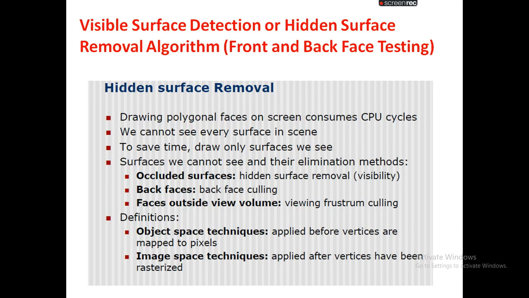We also learned that when more than one object or surface overlaps with another, we need a hidden surface removal algorithm. As I highlighted in the summary of the previous class, why do we need a hidden surface removal algorithm?